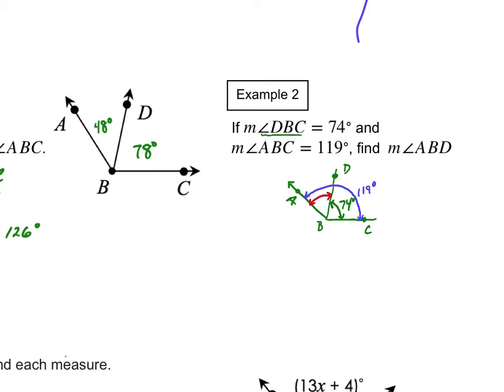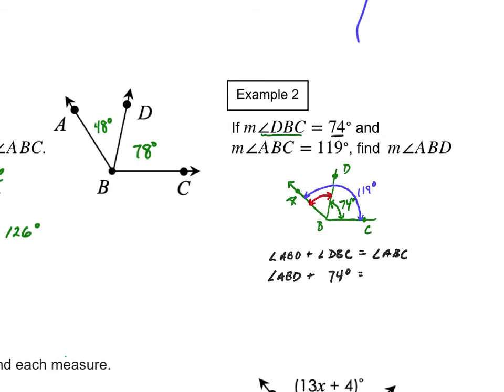And we know that angle ABD plus angle DBC is equal to angle ABC. And if we do some substitution, so there's my definition, do some substitution. DBC right there is 74 degrees. ABD, currently unknown, because that's what we're trying to find.